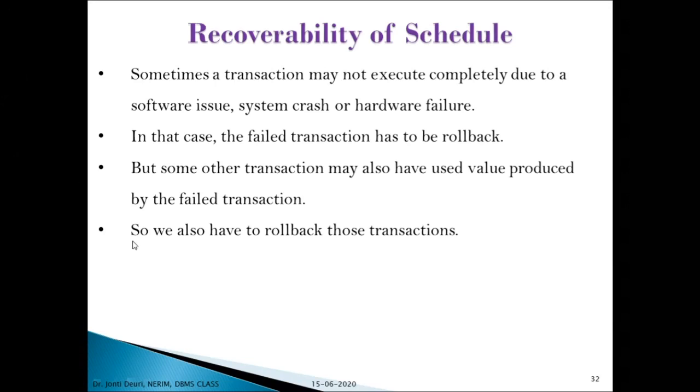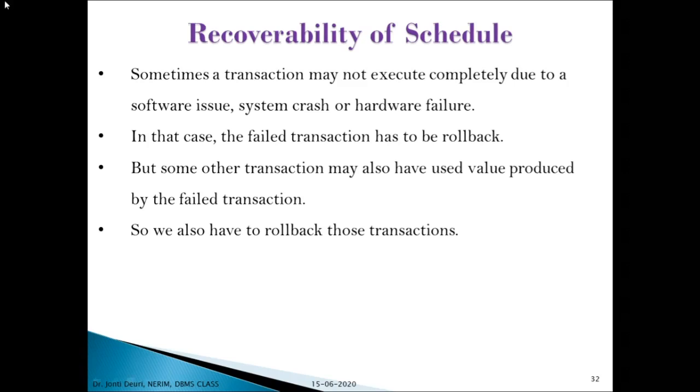In the middle a crash or failure occurred, but till then we may have updated our values. Now we have to remove that and roll back, so we keep the previous values again, right?